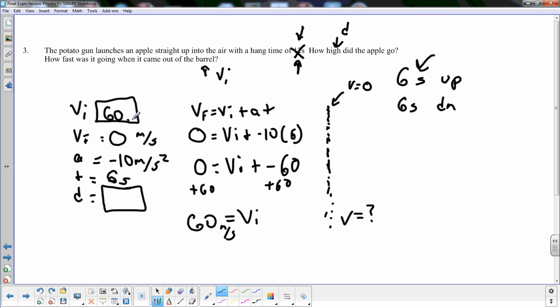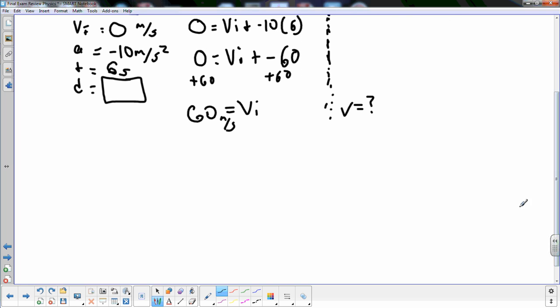All right, so let's see what we can do about our distance. Now I have a VI and a VF and an A and a T, and I'm looking for a D. So I can do VF squared equals VI squared plus 2AD. I could do D equals VIT plus 1/2 AT squared. Because I know the time, we could use D equals VIT plus 1/2 AT squared.